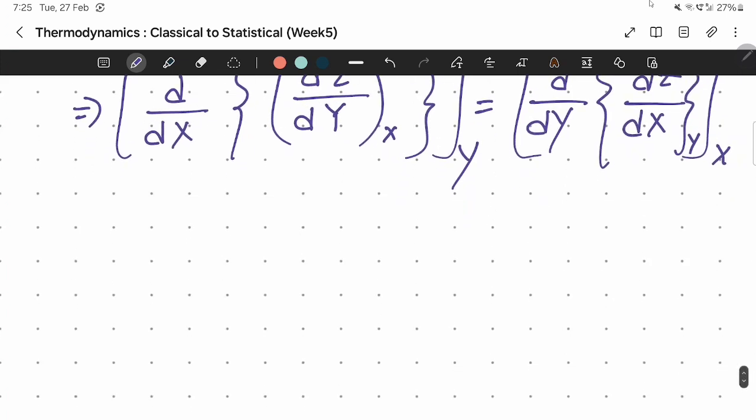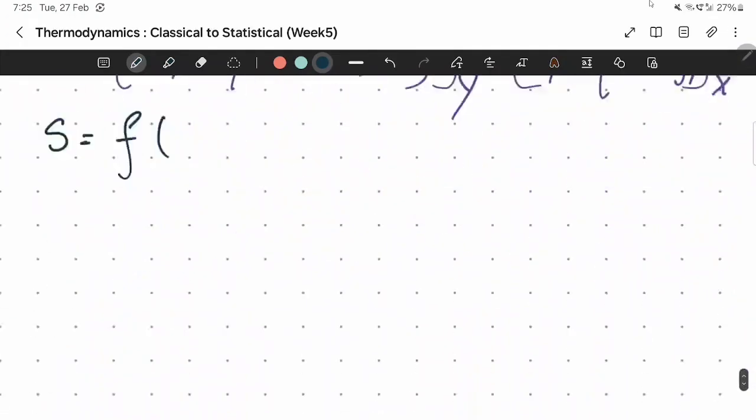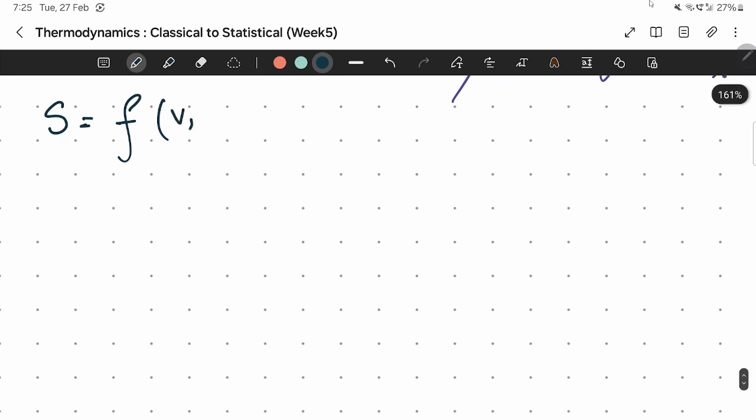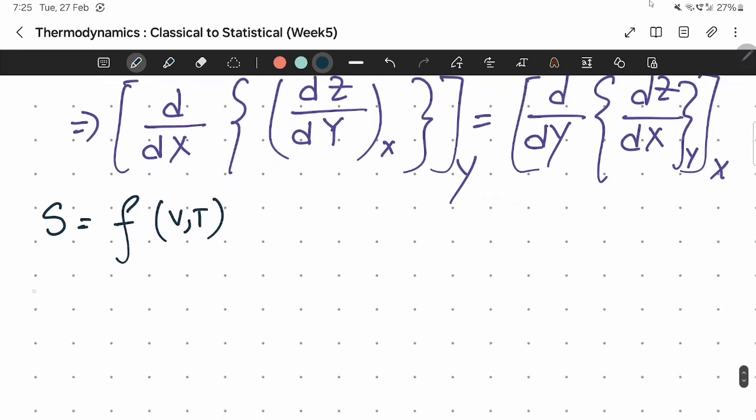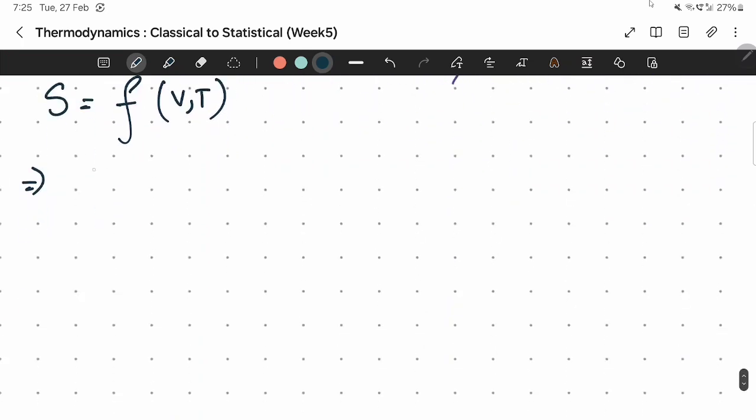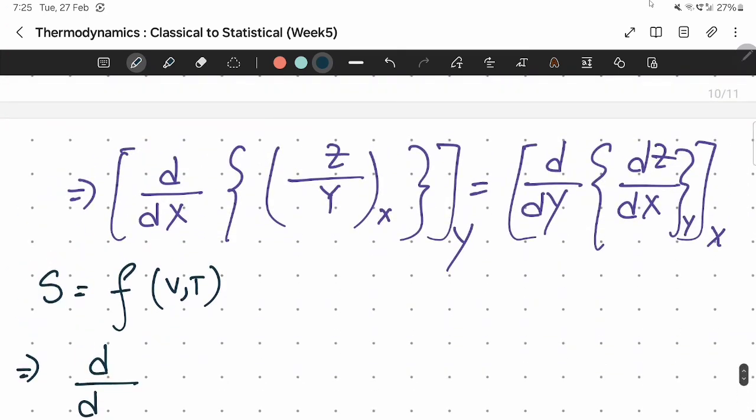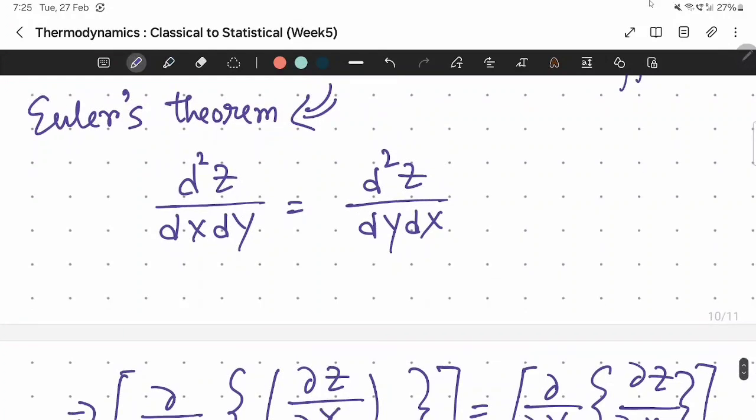For entropy, which is a function of volume and temperature, we can write it analogously. It should be del, because it's a partial derivative. You should be careful. These are partial derivatives, okay?